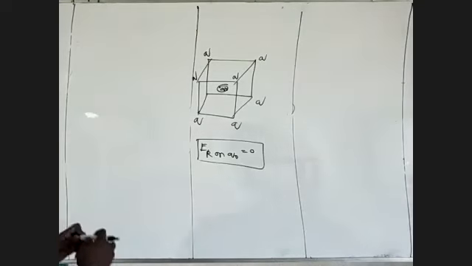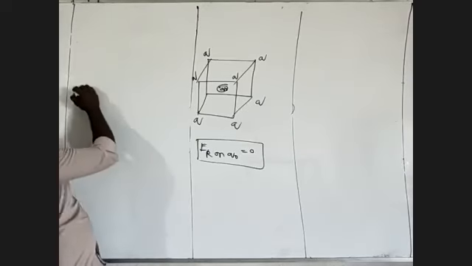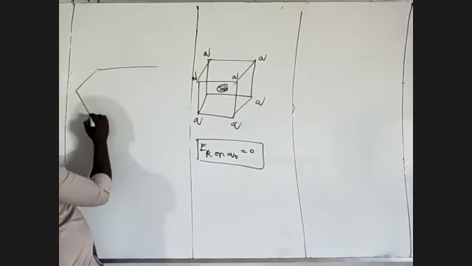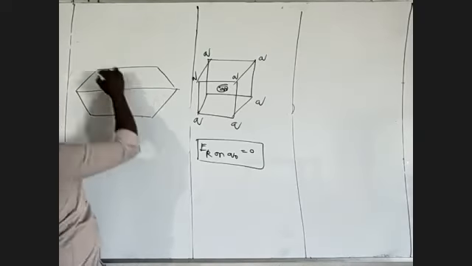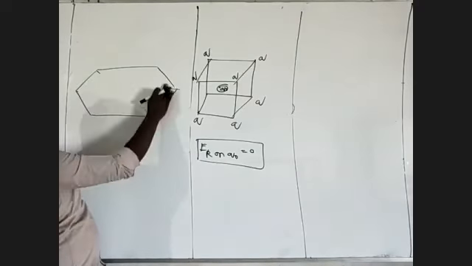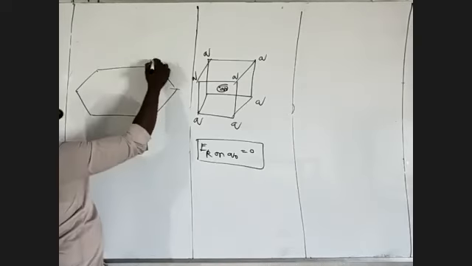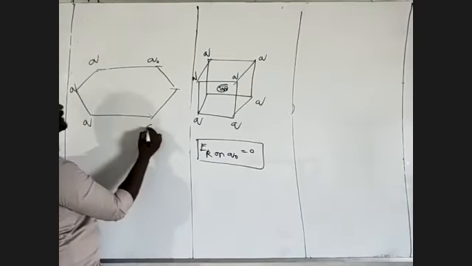This problem is already explained to you. This is a hexagon. So the charge is acting on this column: Q and Q and Q and Q.